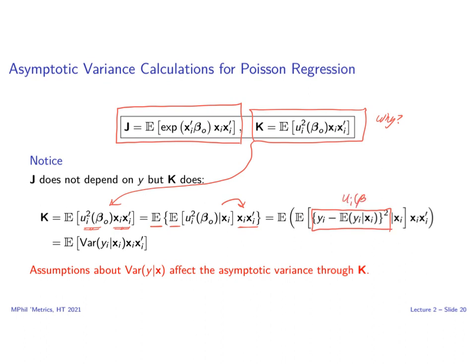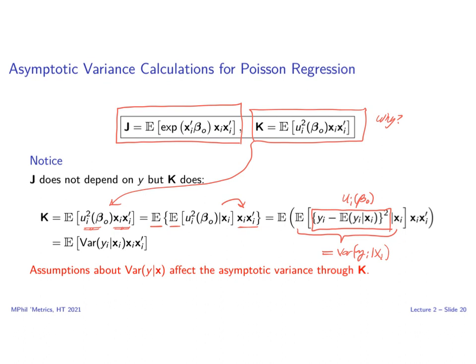But notice, now that we've written it in a different way, that this inner conditional expectation is simply the conditional variance of y given x. In other words, the conditional variance of y given x is defined as the expectation of y minus the conditional expectation of y given x, quantity squared, conditional on x.